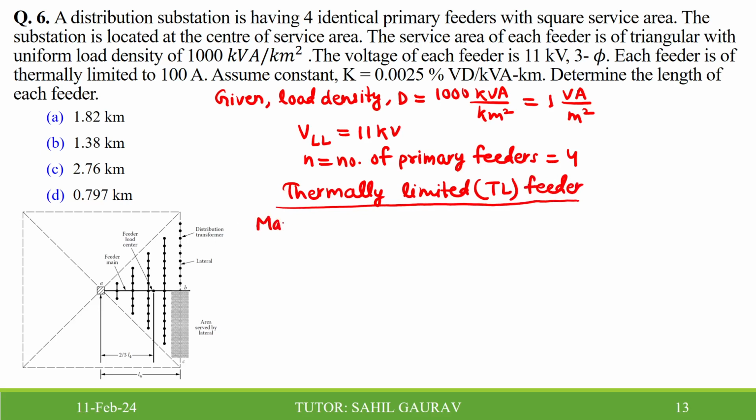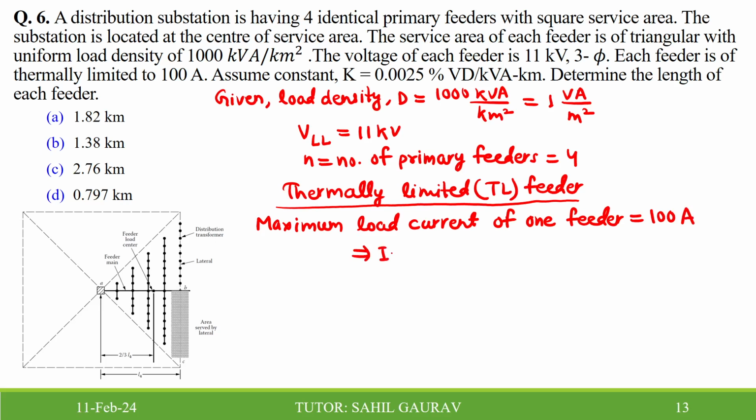So that means the maximum load current of one feeder is given as 100 ampere. So it can be written as I4 equal to 100 ampere, and we can write I4 as S4 divided by root 3 into VLL equal to 100 ampere.